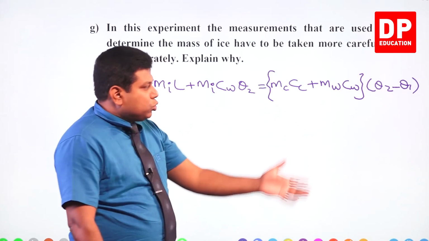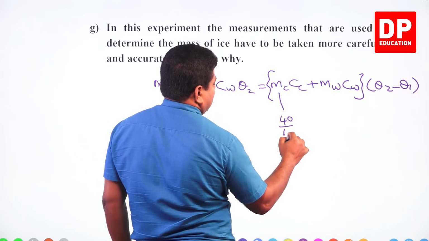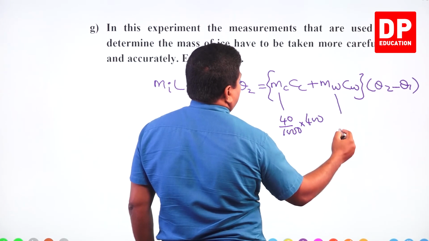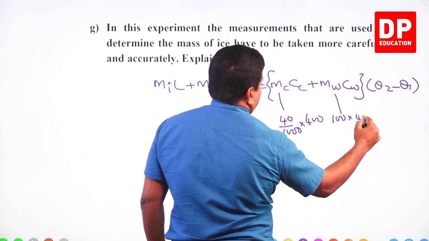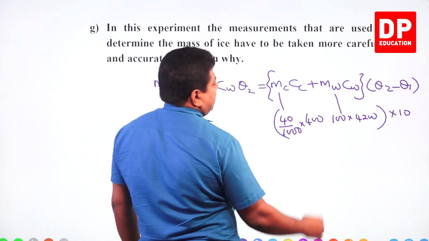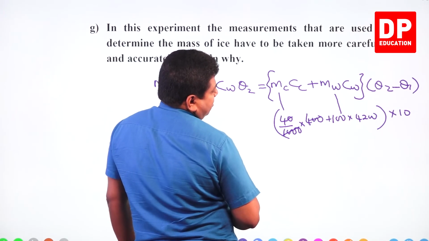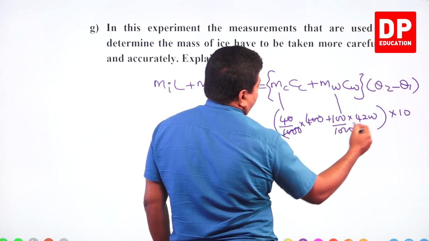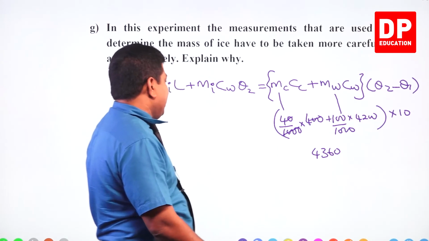When we did the experiment, you saw this was around 40 grams, this was 400, I am just putting some approximate values, this was around say 80, 100 grams, 4200 into 10. So, look at these values, this is 16, isn't it? 16, this is 5000, 420, so it's like 436 into 10, 4360 is what we are getting.